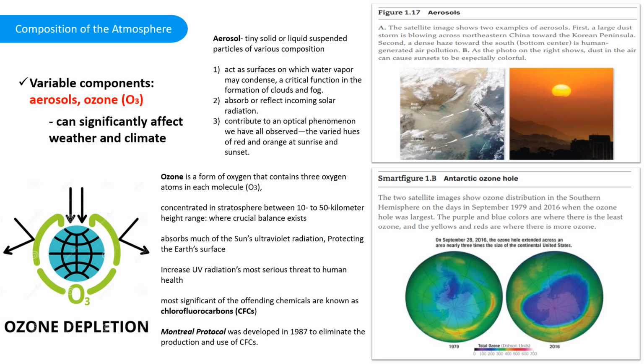Manufactured chemicals break up ozone molecules in the stratosphere, and it weakens our shield against the UV rays. Measurements of the past 3 decades confirm that ozone depletion is occurring worldwide and is especially pronounced above Earth's poles. That's why the Montreal Protocol was developed.